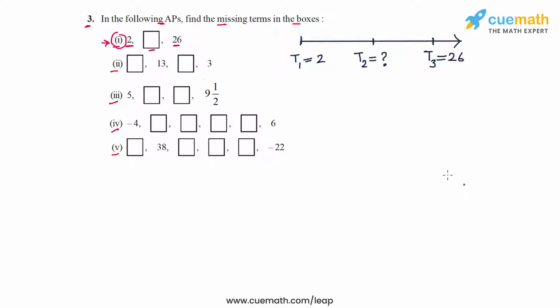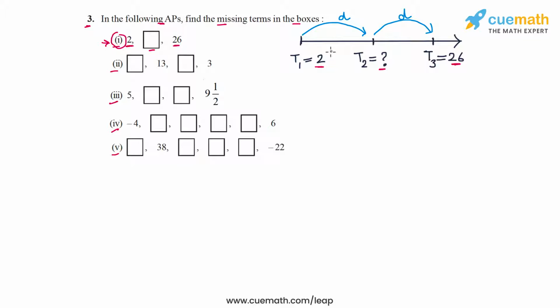So visualize this number line of sorts which shows the terms of the AP. We have the first term 2, which is given to us, and we have the third term, which is 26, and we have to find the second term. Basically, to go from the first term to the third term, you have to make two jumps of the common difference. Let's say D is the common difference of this AP.